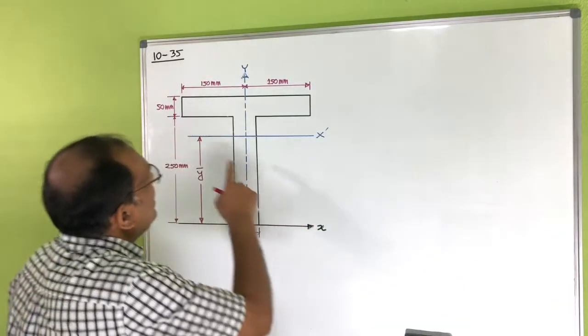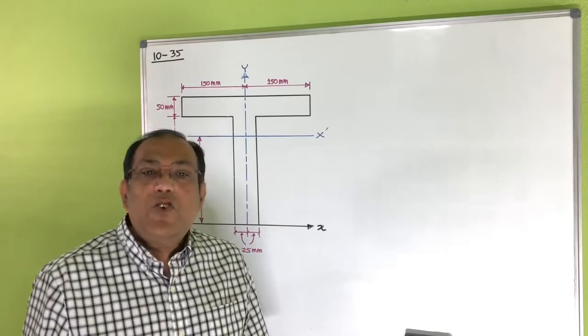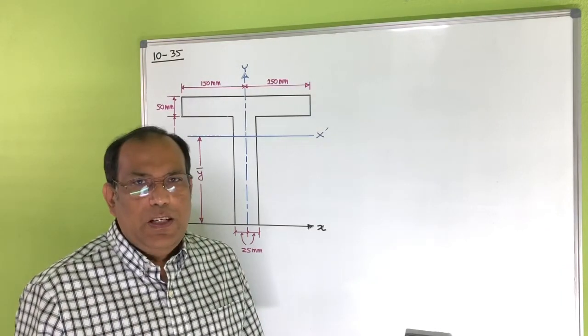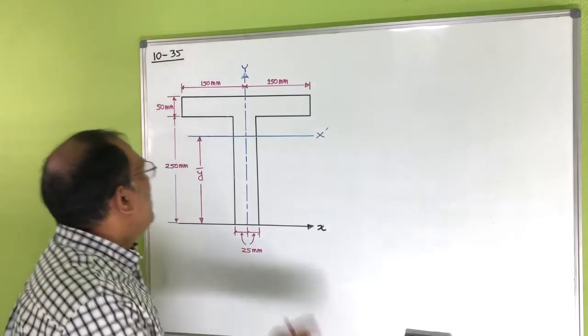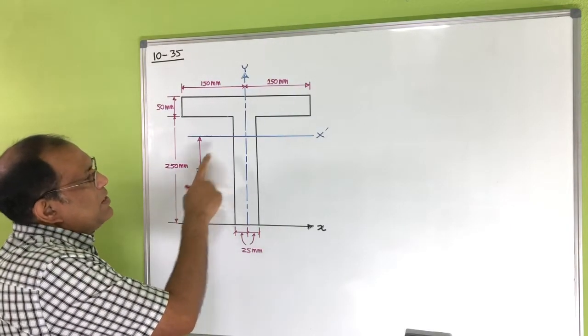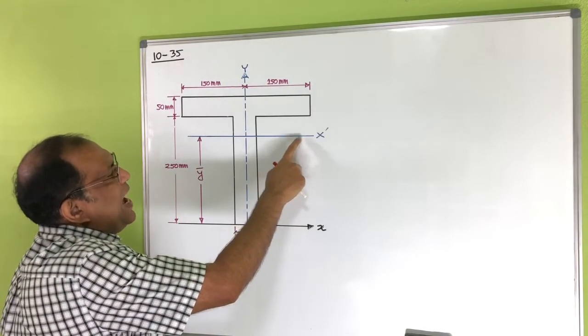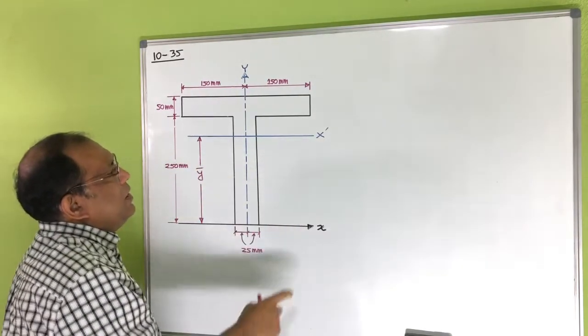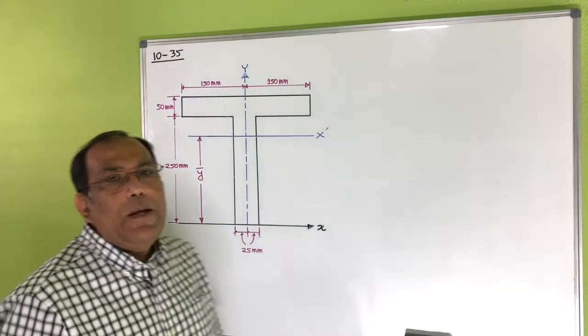So basically, this is your x prime axis, which is the centroidal axis of the composite. First of all, we have to find the y bar, then find the moment of inertia Ix prime for this T-beam here.